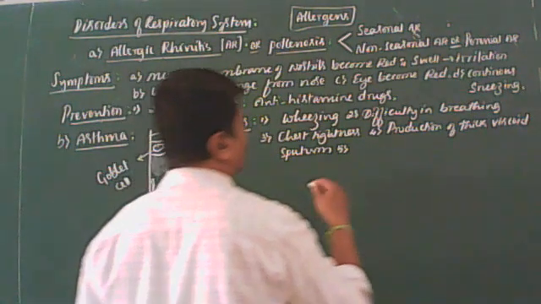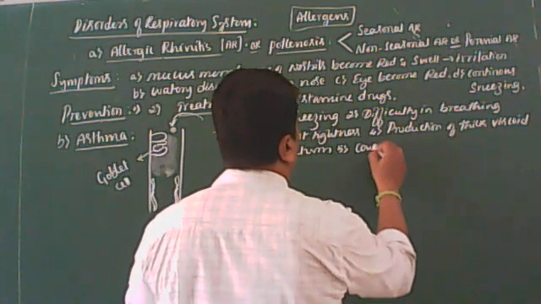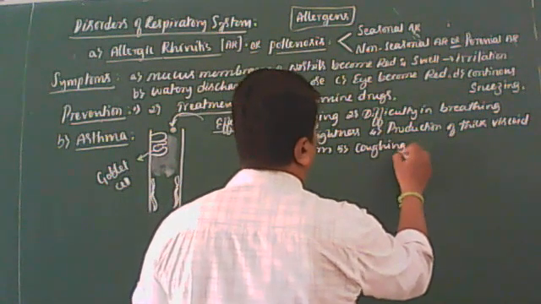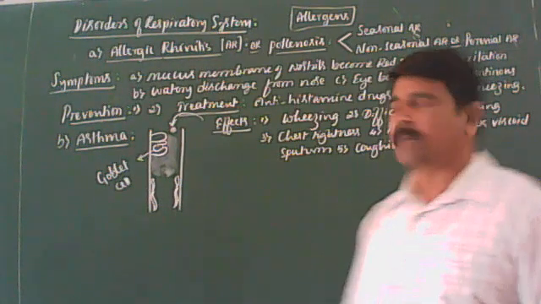Got it? What I'm telling you. Okay, wheezing, then persistent coughing. So these are the common symptoms or effects of asthma.